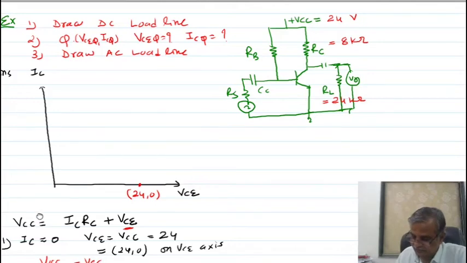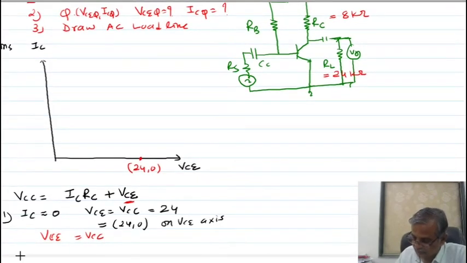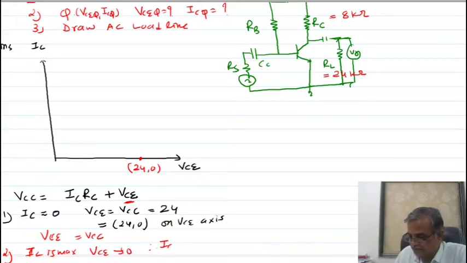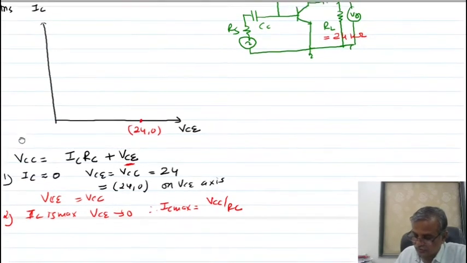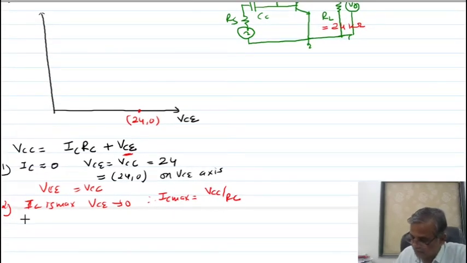Second point. When IC is maximum, then VCE tends to 0. Therefore, IC maximum is equal to VCC by RC. This is the DC load line, remember.